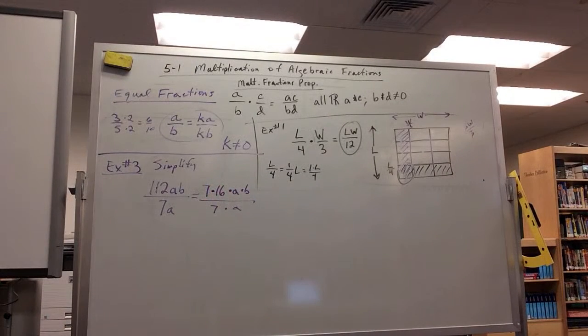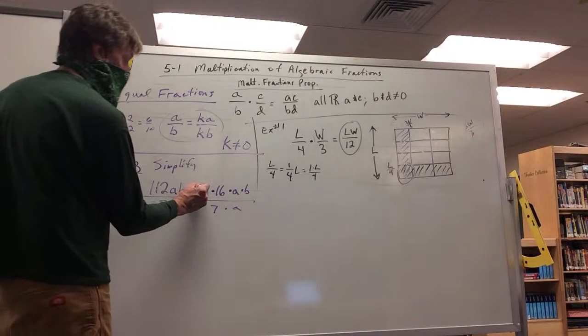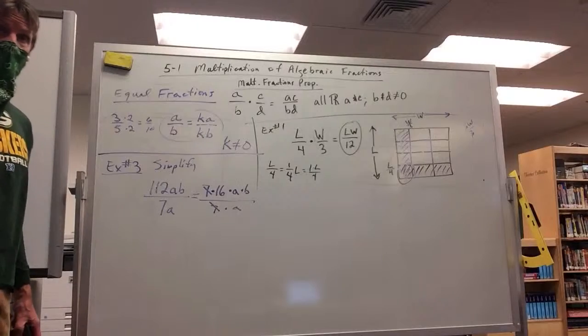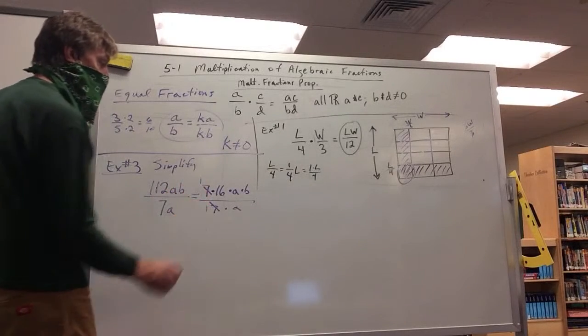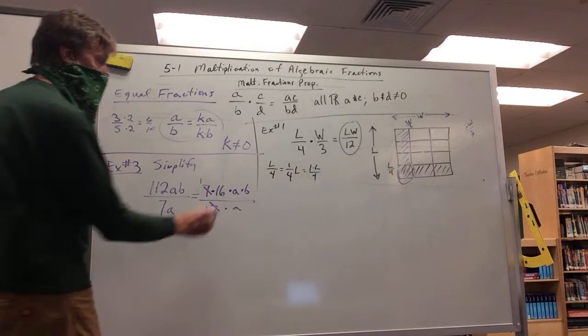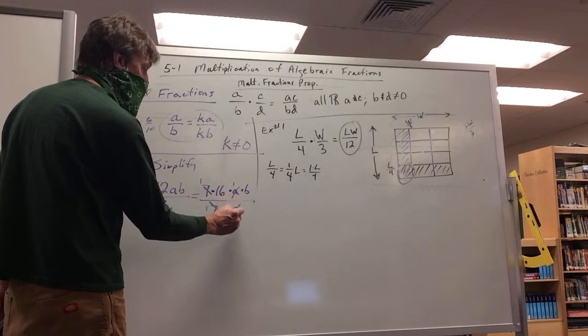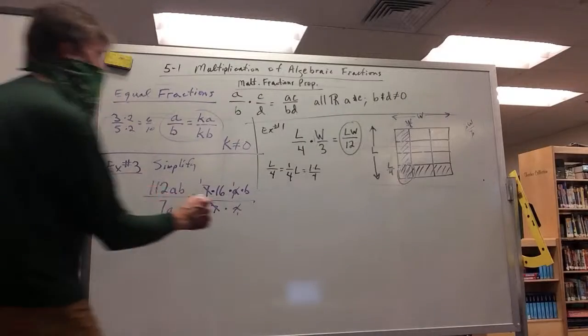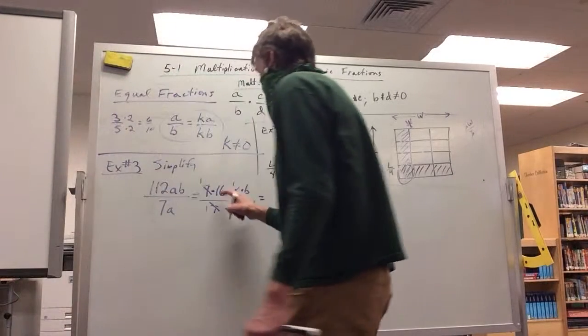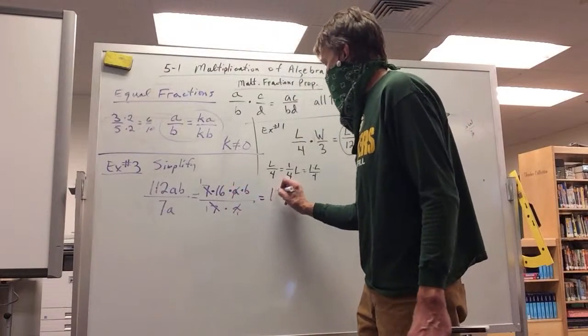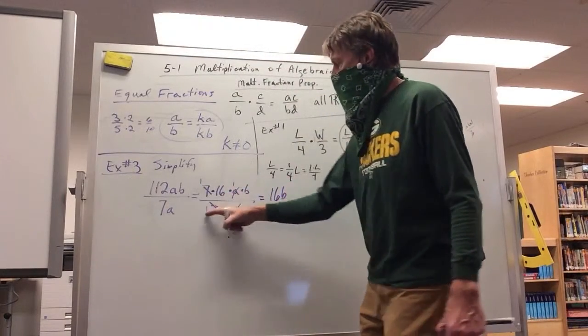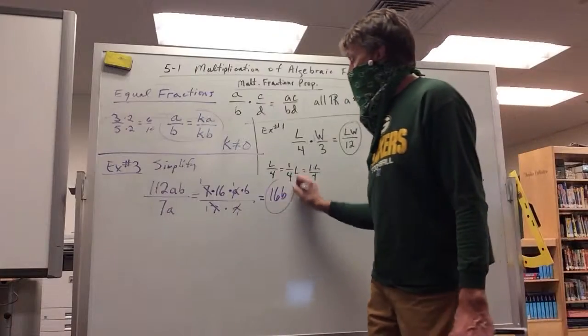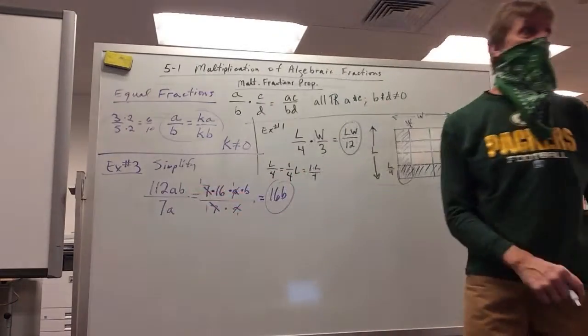Good. And then 7 divided by 7 is equal to 1. So that simplifies. And A divided by A is equal to 1. Any number divided by itself. So then when we look at this, we're left with 16 times B and just 1 on the bottom. So this simplifies to become 16B.